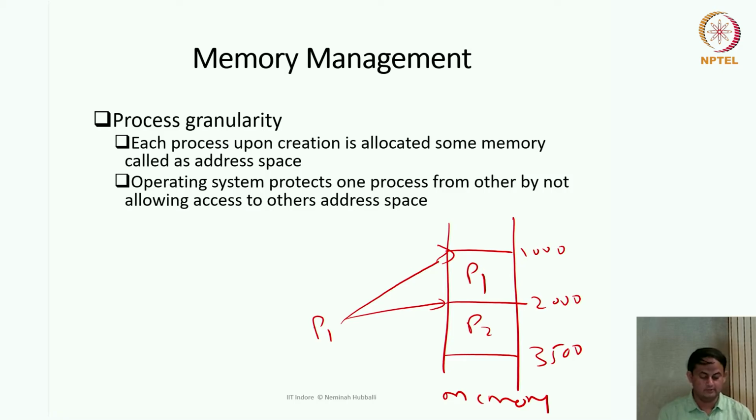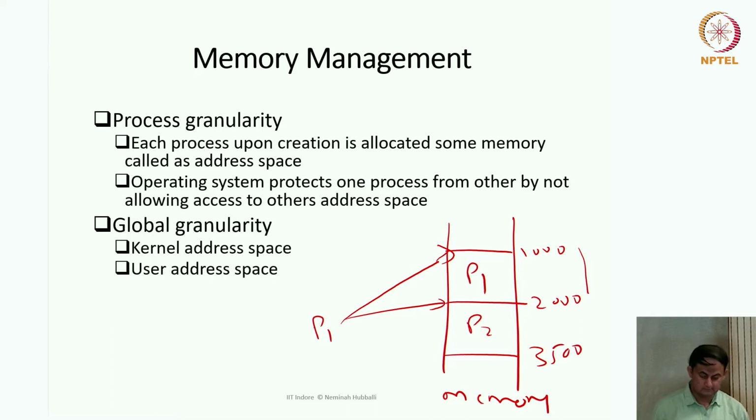So let's say one variable needs to be accessed or something needs to be written to the memory, then the memory management unit needs to check whether this reference is falling within this range 1000 to 2000. By doing this, it prevents one process from interfering with another process. This is one aspect of the memory management.